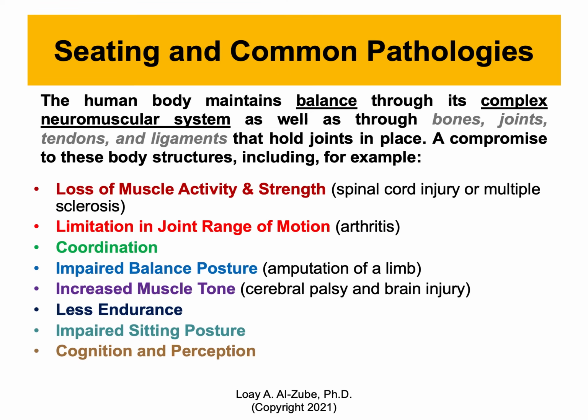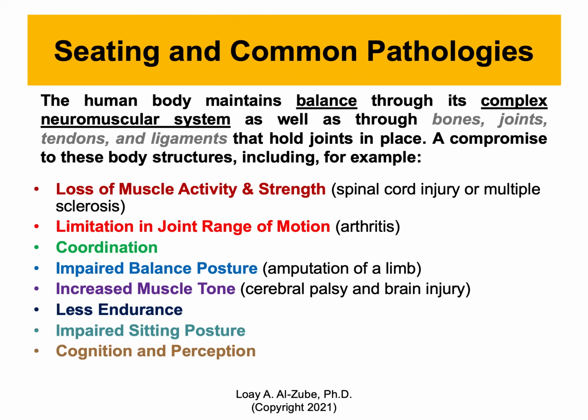I'm listing here the different pathologies, medical conditions that can result in problems with our human body balance and structure. So spinal cord injuries, multiple sclerosis, arthritis, amputations, cerebral palsy, and brain injuries, all these are medical conditions that we always encourage our biomedical engineering students to think about and focus on one of them when they move on in their studies.